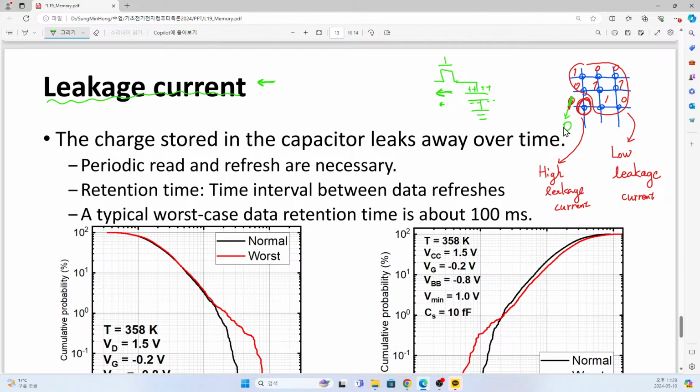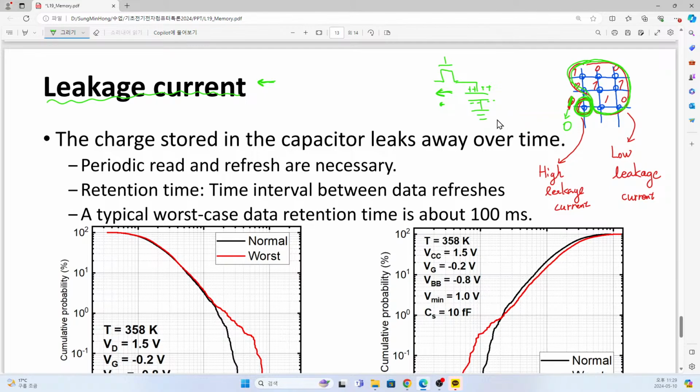It means that your bit shows an error. Then how can you prevent this loss of information? Although all your other transistors work quite well and resist for a long time, in order to save the information stored in the worst case node, we have to refresh this entire array again and again.